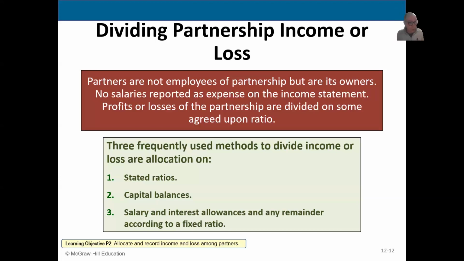So therefore, we need to figure out what is the percentage of ownership for each partner. How do we do that? There's a couple different ways we could figure this out. We do it by percentage, which is probably the easiest. 100% of the business, based off of the amount of capital for each owner. Kayla had 30,000.